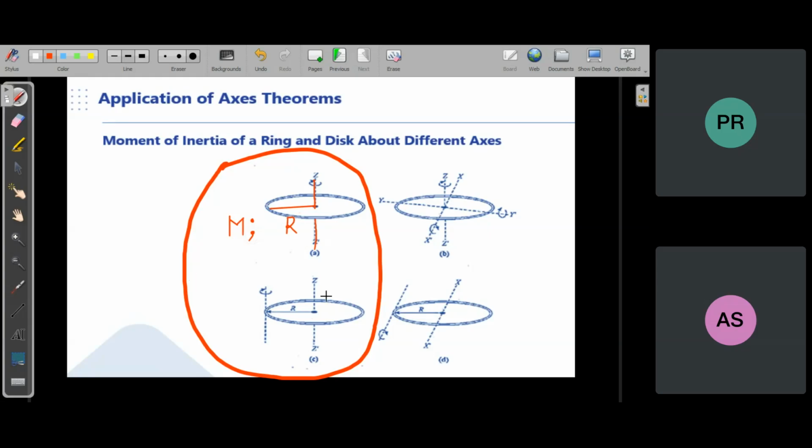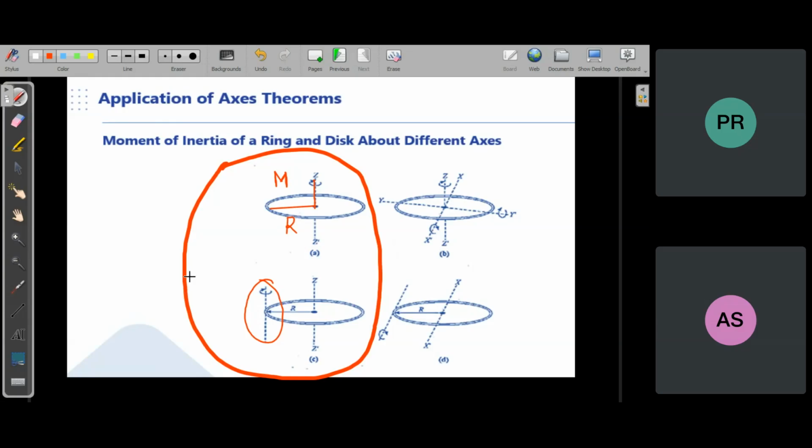Yes, sir. Now by using parallel axis theorem, try to find the moment of inertia of the same ring about this axis. Look at this axis. Try. About this axis.